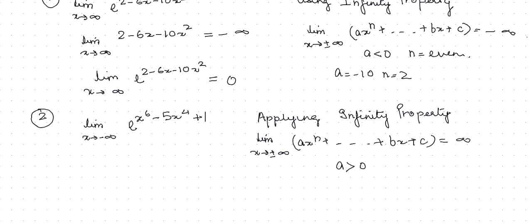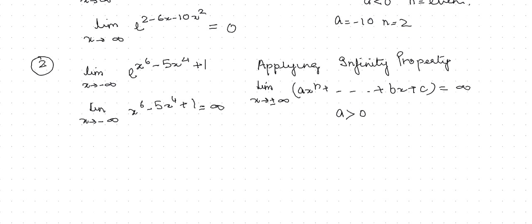Therefore, the exponent, limit x tends to negative infinity of 6 - 5x^4 + 1, is equal to infinity. So the exponent goes to infinity in the limit, and so the exponential will also go to infinity.